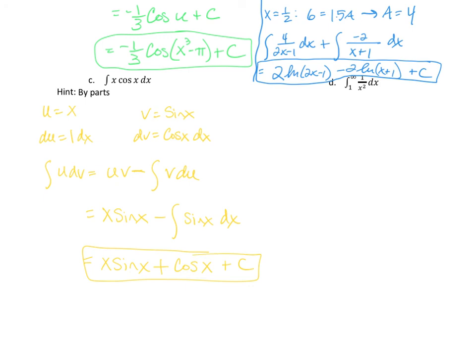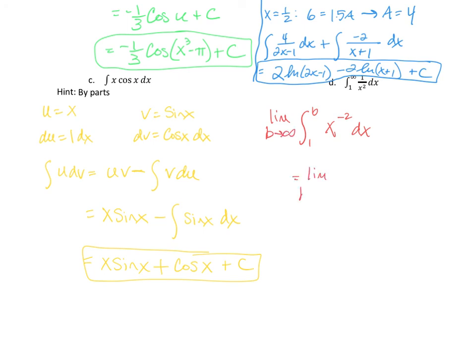All right, and then the integral from 1 to infinity of 1 over x squared dx. So this is an improper integral. So the way we do this is instead of going from 1 to infinity, which is like, what does that even mean? You go from 1 to b, and I'll rewrite this as x to the negative 2 dx, and take the limit as b goes to infinity.